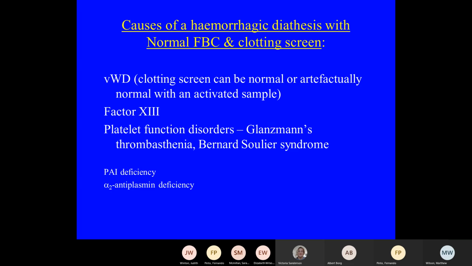So you're right. Factor 13 deficiency is something that you need to go after because we normally don't do the test automatically when there is bleeding and the coagulation screen is normal. Next.